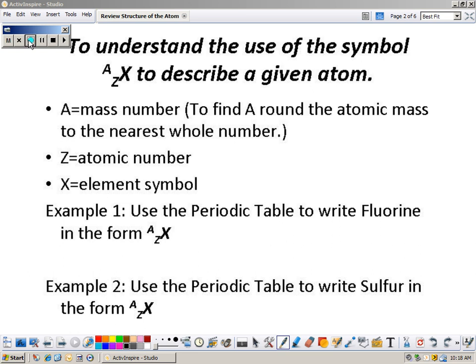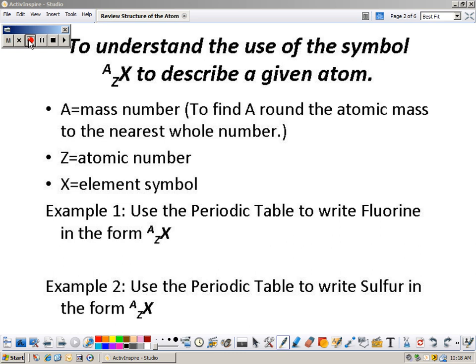When we did this on Thursday, you used the average atomic mass and rounded it to the nearest whole number. When you do that, you come up with the mass number. So let's put fluorine into this form. First the X. What's the element symbol for fluorine?